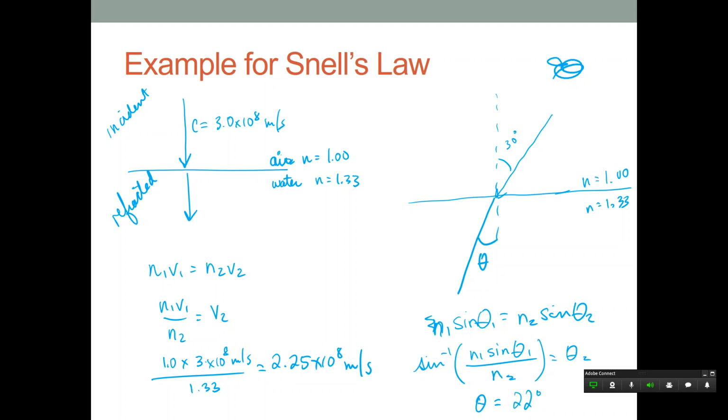Okay? So let's try that here. Just reverse all the numbers and see if we get an angle greater than 30. The only thing that you're reversing is N1 and 1.33.